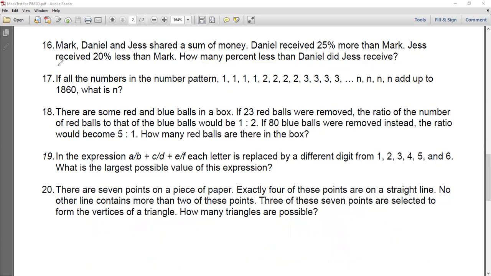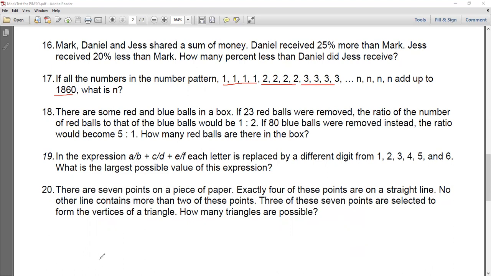Okay. Number 17. If all the numbers in the number pattern 1, 1, 1, 1, 2, 2, 2, 2, 3, 3, 3, 3 add up to 1,860, what is n? Now, notice this one. There are 4 ones, 4 twos, 4 threes, 4 fours.